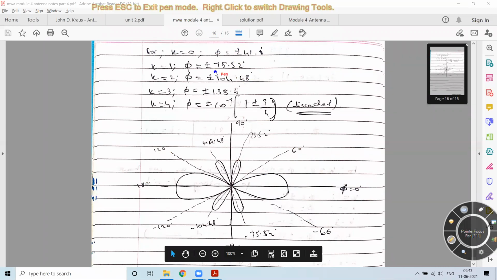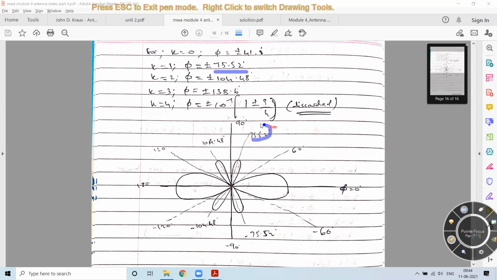Now, next it is specified that at plus minus 75.52 degrees, I have a side lobe. That is, a peak value of the side lobe is present. So here you can see at plus 75.52 degrees along this direction, as we discussed, there should be a radiation, and as it is specified that only in these two directions I have a maximum, this will lead to the side lobe.